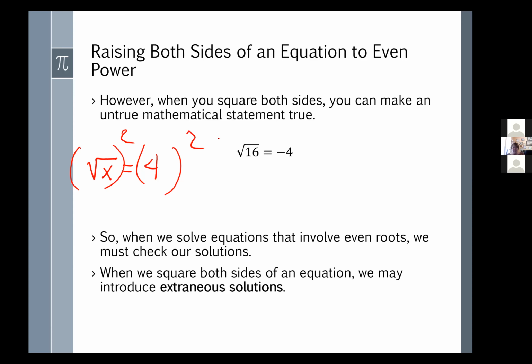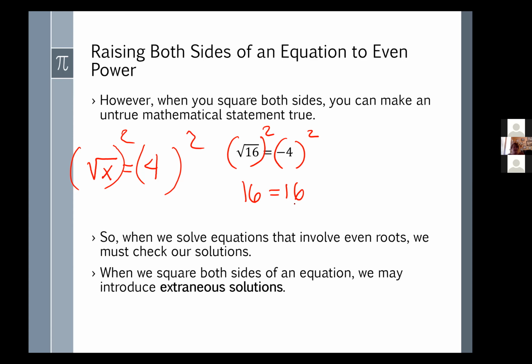They either divided both sides by 0, or they multiplied both sides by 0, or they did something like this where they squared both sides. They did something that was incorrect mathematically. So what happens if you square both sides? You can make something that's untrue true.